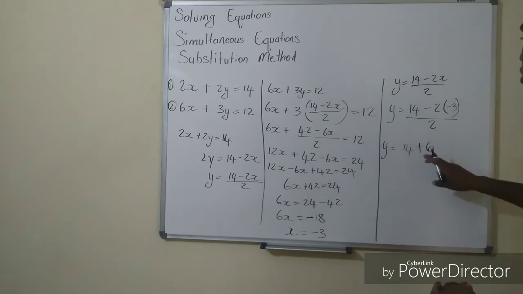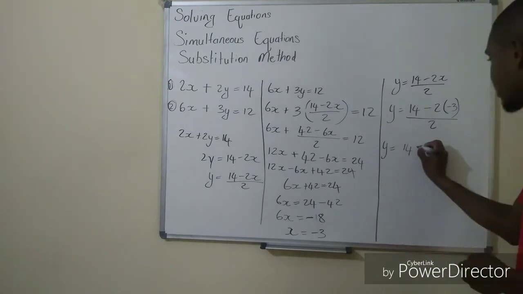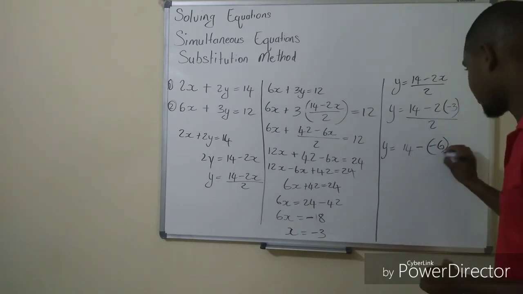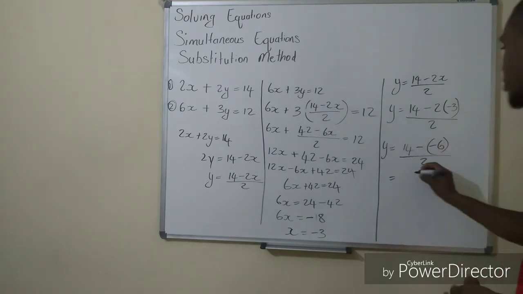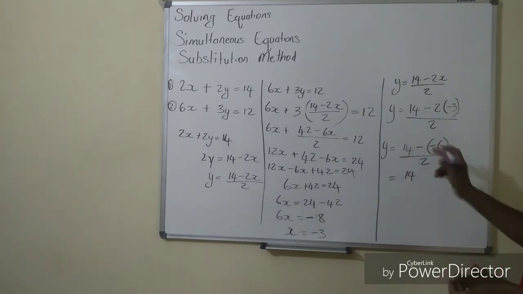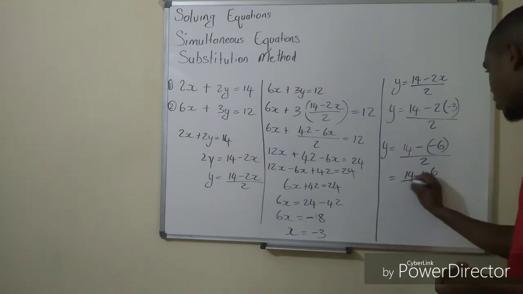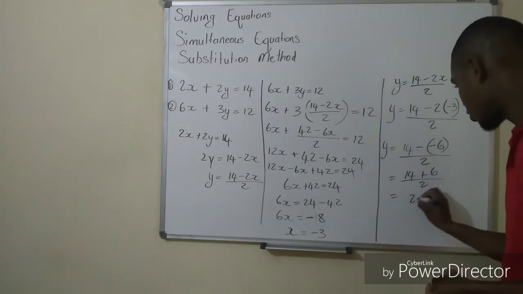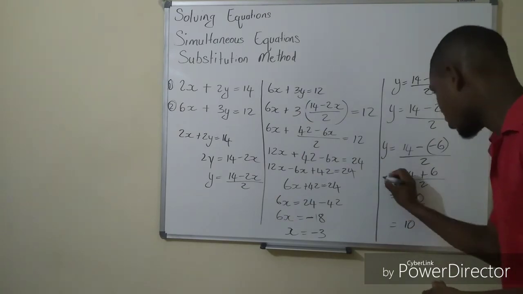Let me restate that in case you missed it. Negative 2 multiplied by negative 3 gives you positive 6, and because two negative signs are beside each other, it becomes a plus. Once you have two negative signs right beside each other, it automatically becomes a plus. So that's 14 plus 6, all over 2, equals 20 over 2, equals 10.